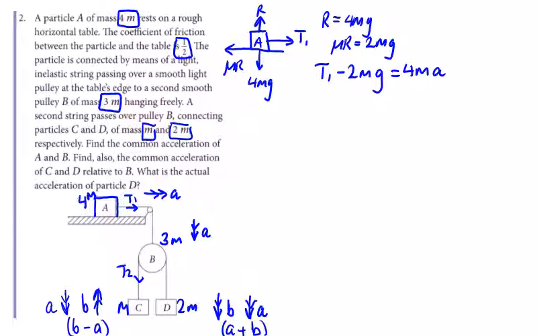When we look at B, there's one string going up, there's 2 strings going down.